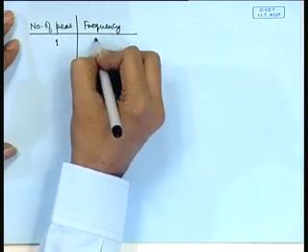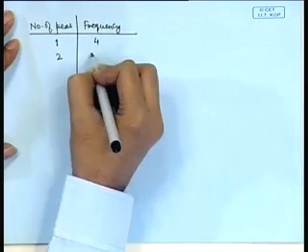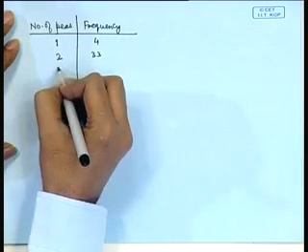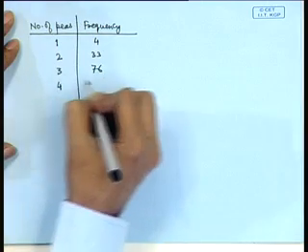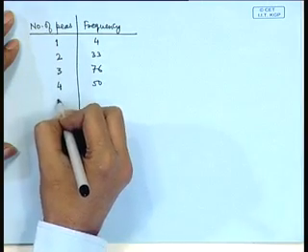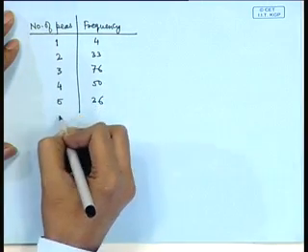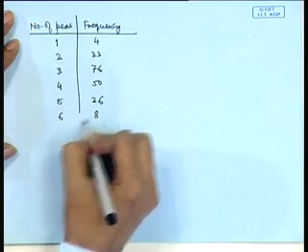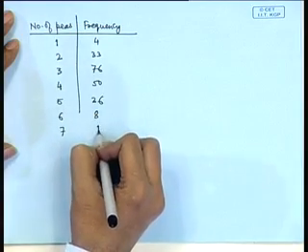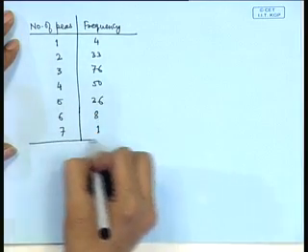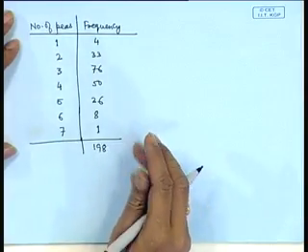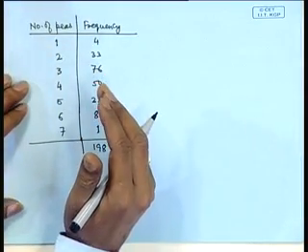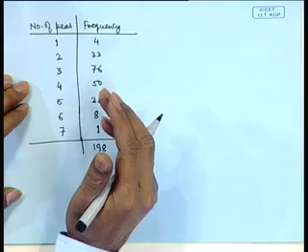So, 1 is occurring 4 times, 2 is occurring 33 times, 3 is occurring say 76 times, 4 is occurring 50 times, 5 is occurring 26 times, 6 is occurring 8 times and 7 is occurring once. So, this total sum is 198. This is called the basic frequency distribution.